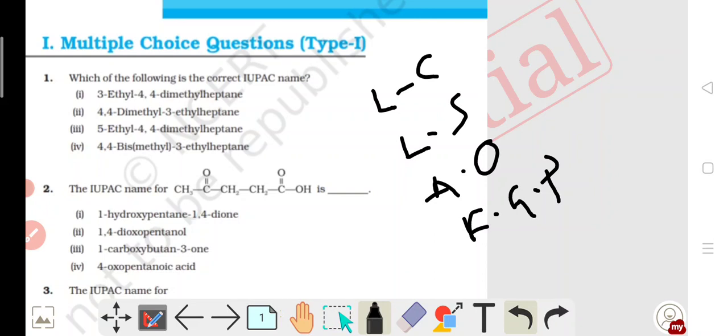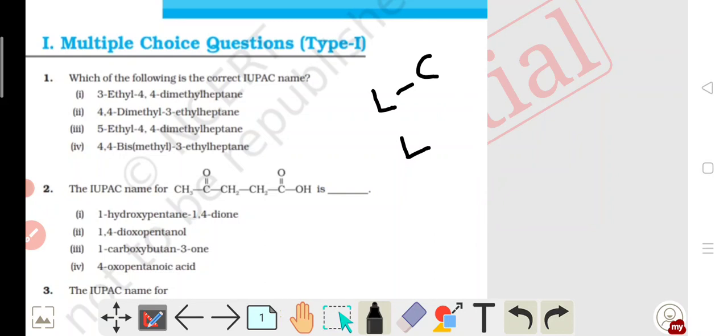If we go through these options, then it is clearly visible that there is only variation in alphabetical order. That means alphabetical order means A comes first, then B subsequently. Here there is a methyl and ethyl group in this compound, only their order has to be identified.